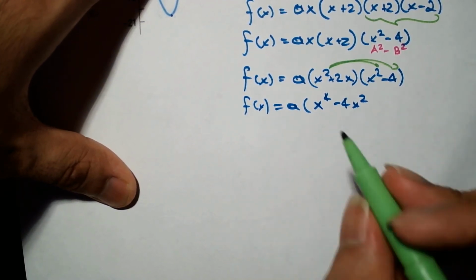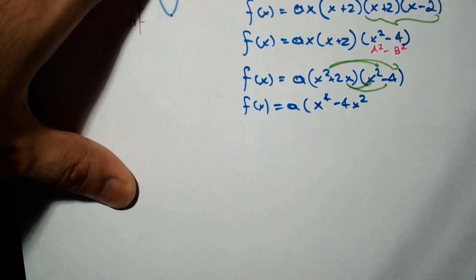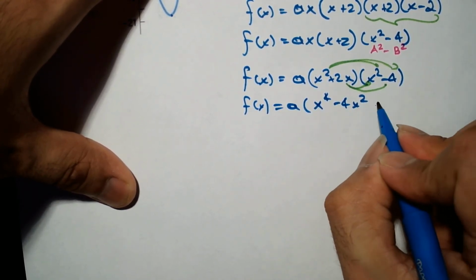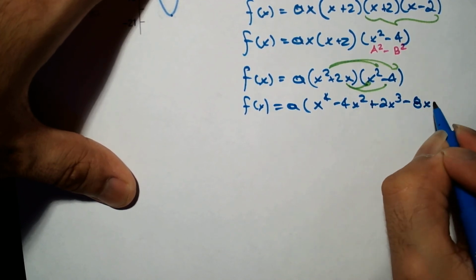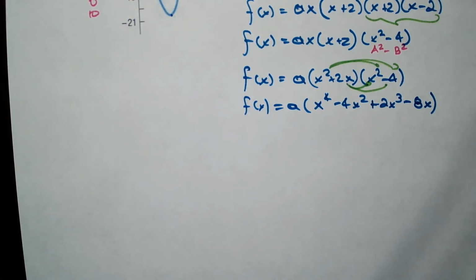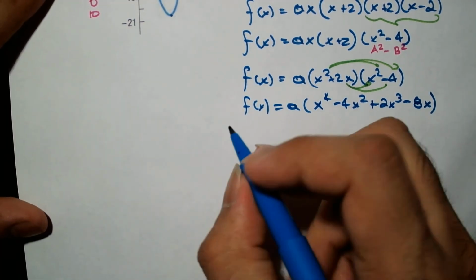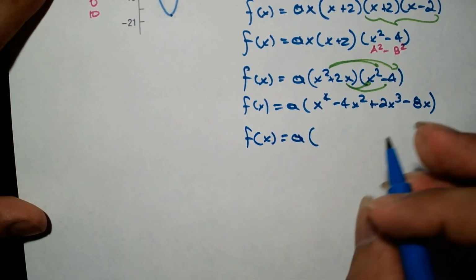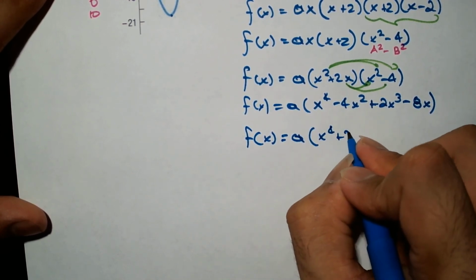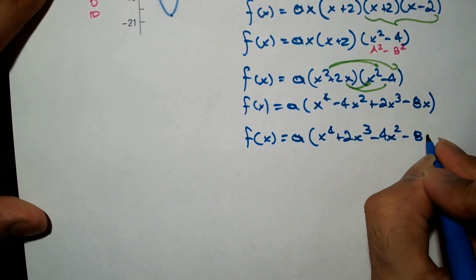And over here, 2x times x squared, 2x times negative 4. 2x cubed minus 8x. And I don't think I have any like terms. The only thing I'm going to do is write this using descending order of powers. So a times x to the 4 plus 2x cubed minus 4x squared minus 8x.